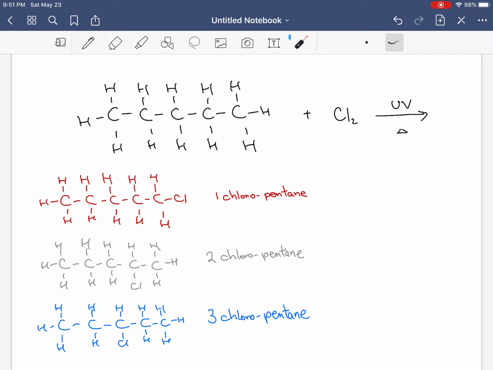Of course you can, but that is just still 2-chloropentane. That's the hard part about organic reactions, that you can have different outcomes depending on the reaction itself.